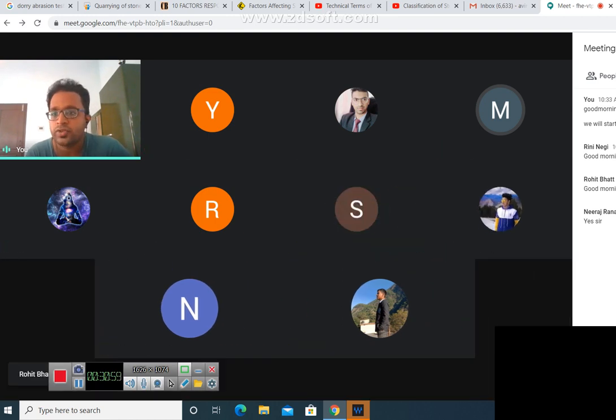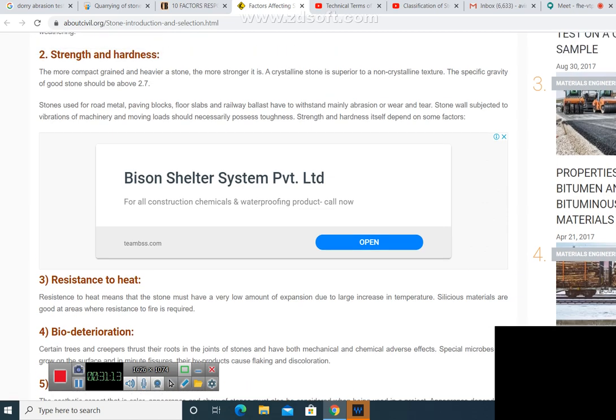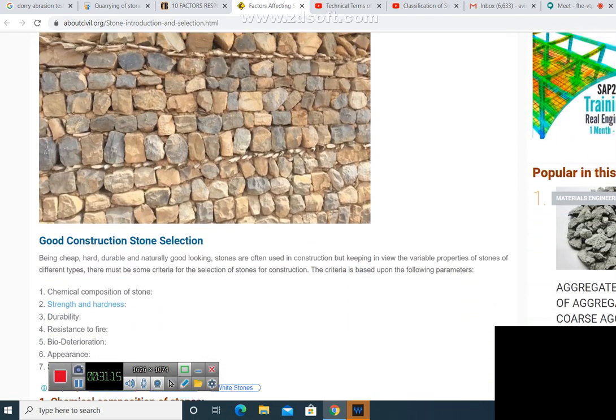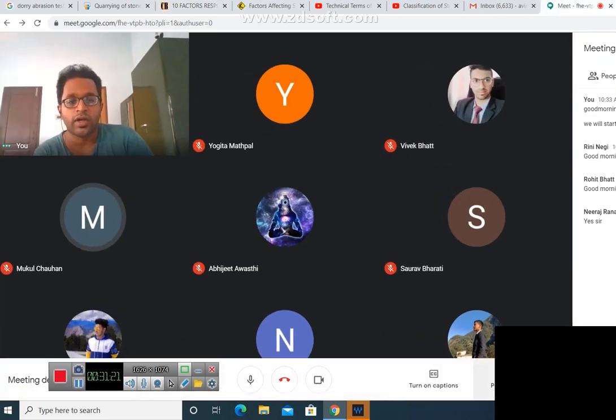The quality of stones in the sense, the appearance of the stone and the strength of the stone will be very much affected by certain environmental factors. Now, let us see what are the different factors that will be leading to deterioration of stones.